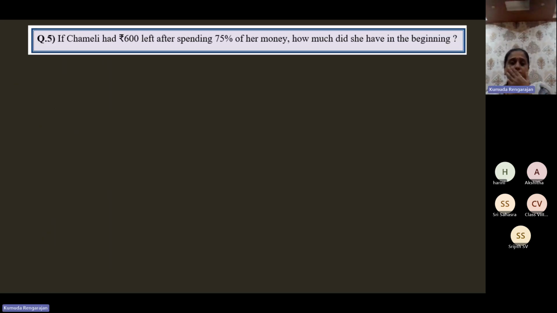Try this one. You should equate the percentage to the correct value, not some percentage to some value. You should equate the percentage to the relevant value. Okay, try this one.